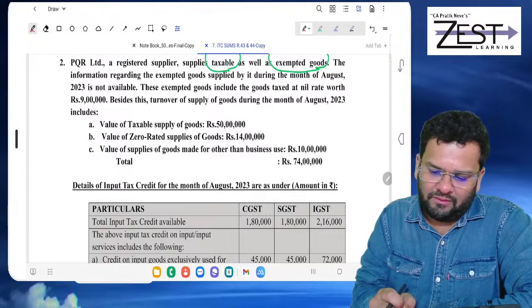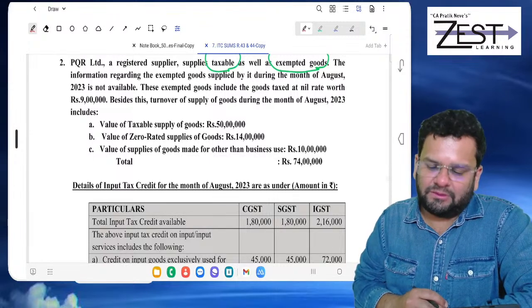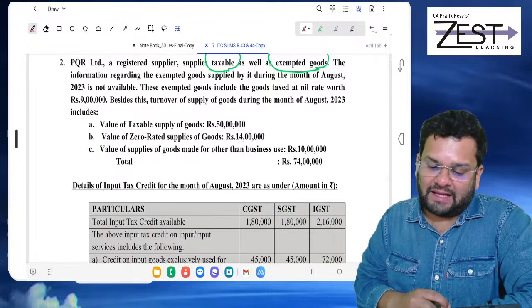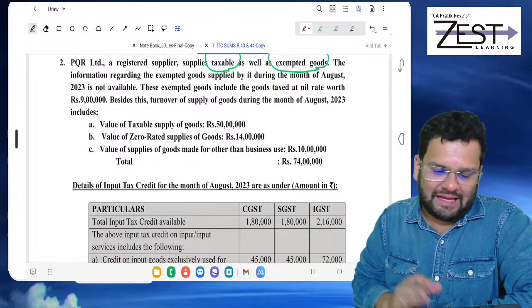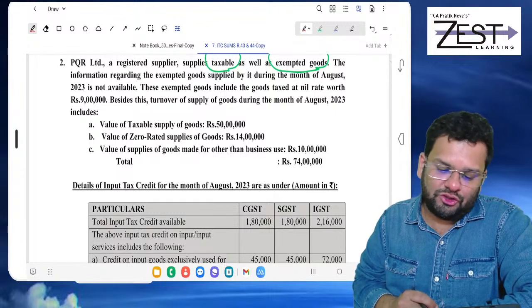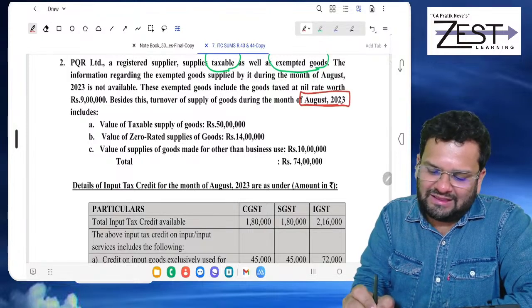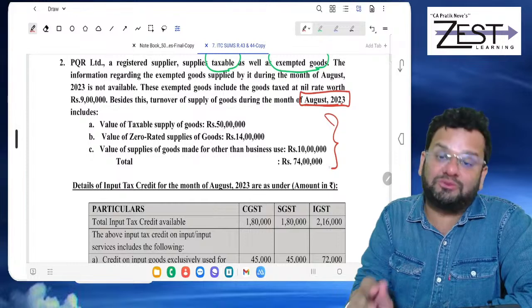What is not available? Information of exempted goods. These exempted goods include goods taxed at nil rate worth 9 lakh. Besides this, turnover of supply of goods during the month of August includes... So what I understand is August's details of outward supplies are not available properly.